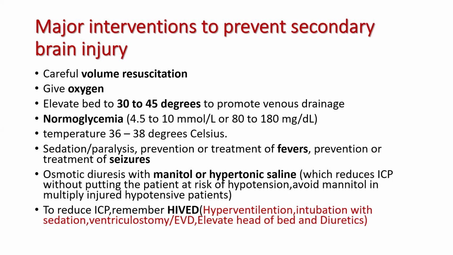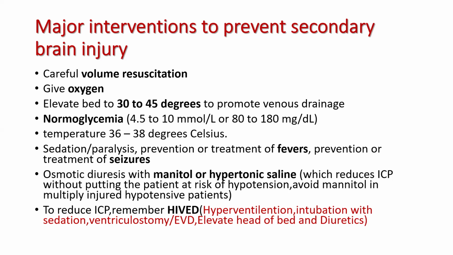You have to elevate the head of the bed by 30 to 45 degrees to promote venous drainage. You want to ensure normoglycemia. We said we want to avoid hypoglycemia, so you have to do your RBS and make sure that the blood glucose is between 4.5 and 10 millimoles per liter.